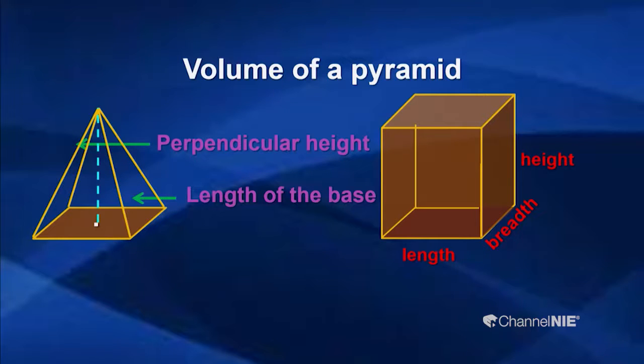The perpendicular height of the pyramid and the height of this cuboid are both the same, right? Therefore, the vertex of this pyramid touches the upper surface of the cuboid. This is the base, a square base, so we call it a square base pyramid, right? The base is a square shape, and then the length of the base.